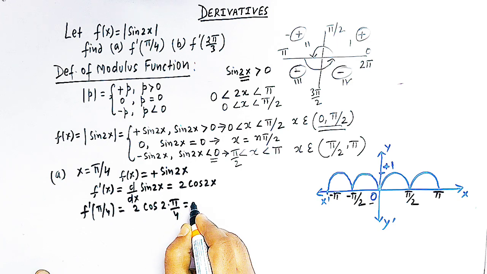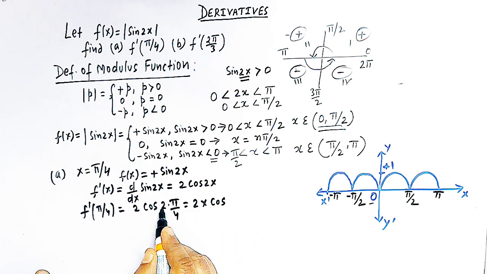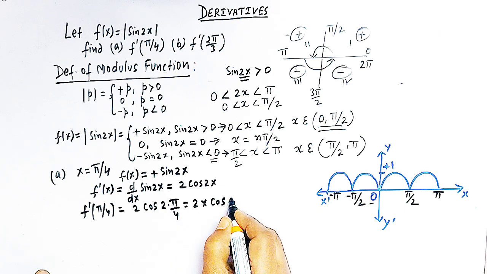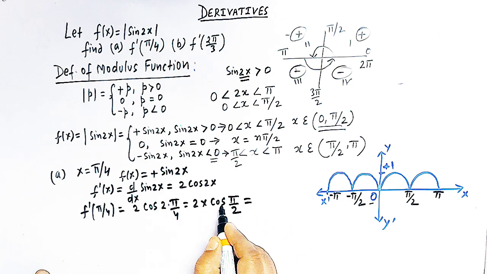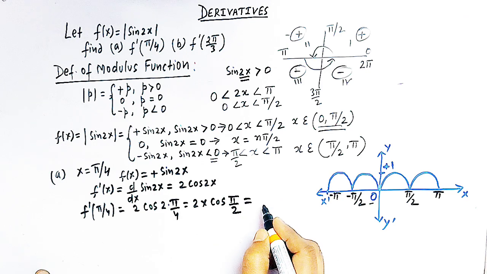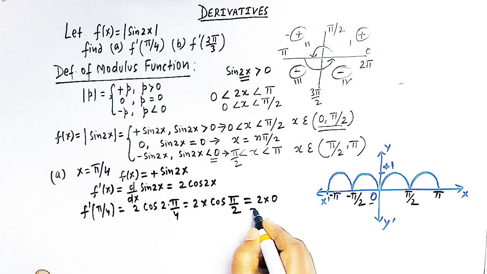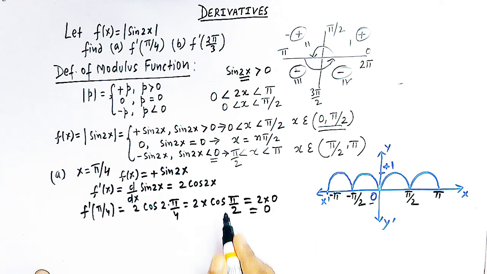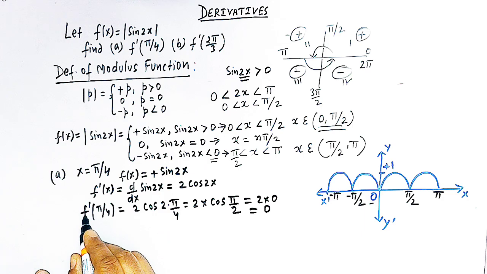So now we have 2 times cos, here we have 2π/4, that is equal to π/2. So cos π/2 is 0. So we have 2 times 0, that is equal to 0, because cos 90° is equal to 0. So the derivative, that is f'(π/4), is equal to 0.